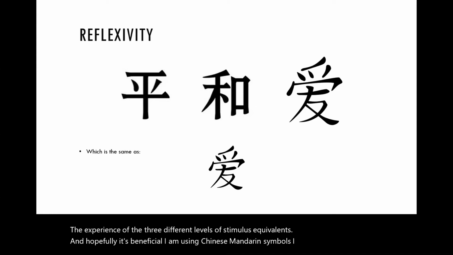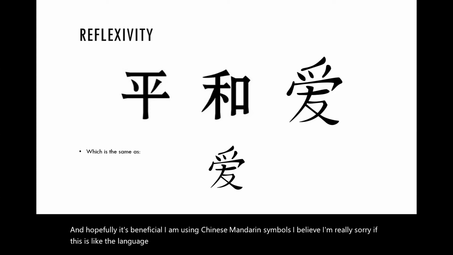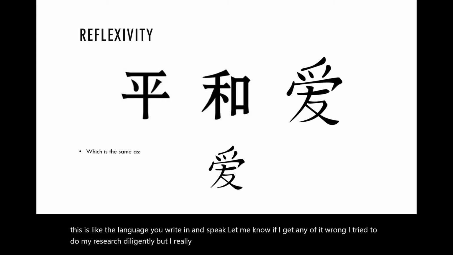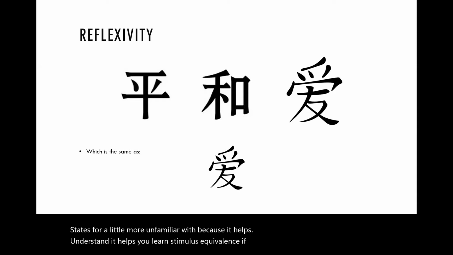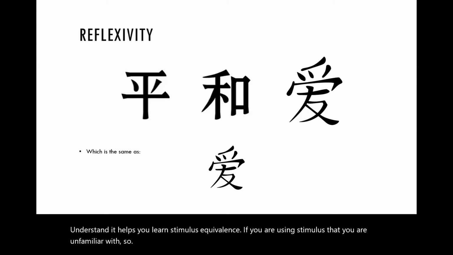I'm really sorry if this is the language you write in and speak. Let me know if I get any of it wrong. I tried to do my research diligently, but I really tried to use stimuli that at least students in the United States were a little more unfamiliar with, because it helps you learn stimulus equivalence if you are using stimuli that you are unfamiliar with. So that's why I'm using these symbols.